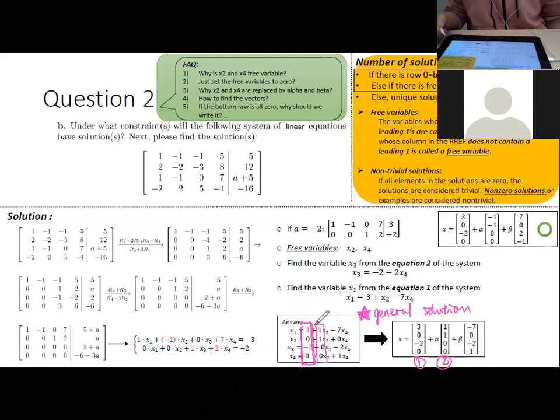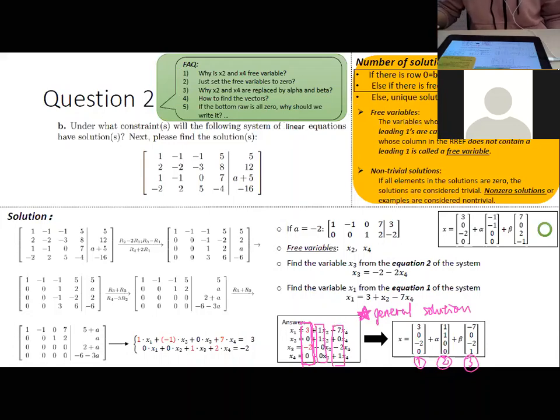They are 1, 1, 0, 0. And for this vector, they are the coefficients before variable x4, and x4 is a free variable. They are -7, 0, -2, 1. So now I think you already know how to get the vectors in the general solution.